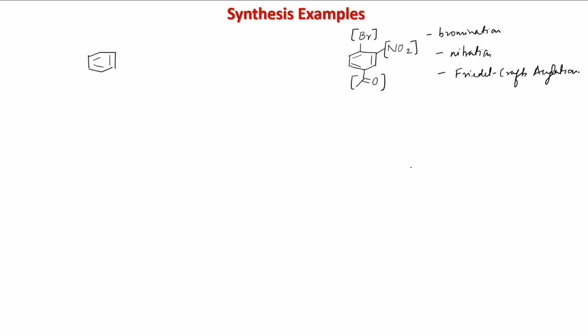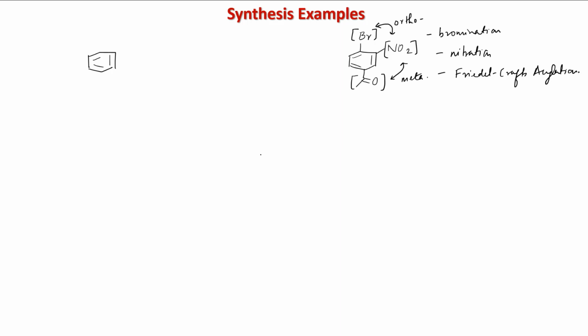So there are three reactions. And something else that's important to keep in mind is the regiochemistry of these groups. So the bromo and the nitro group are ortho to each other, and the nitro and the acyl group are meta to each other.